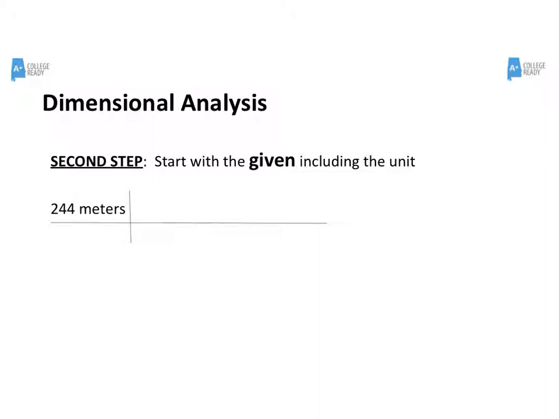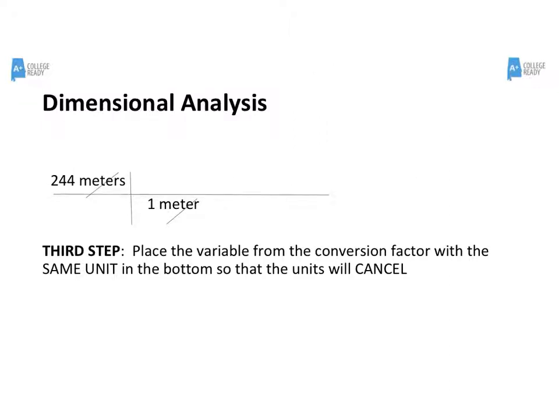Once you've written your relationship, and I'm going to rewrite that up here, there are 100 centimeters is equal to 1 meter. You want to start with the given in the problem and include the unit. Place the variable from the conversion factor. Let's put it up here. 100 centimeters is equal to 1 meter.